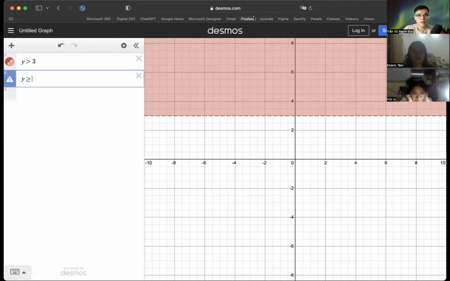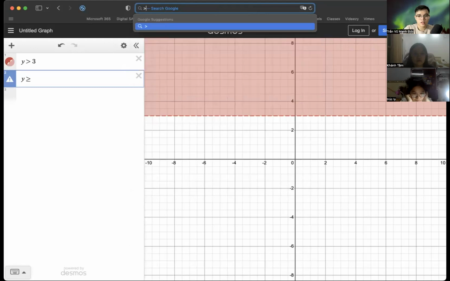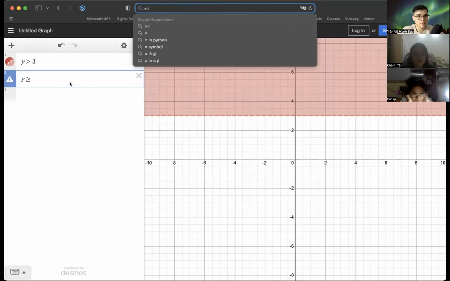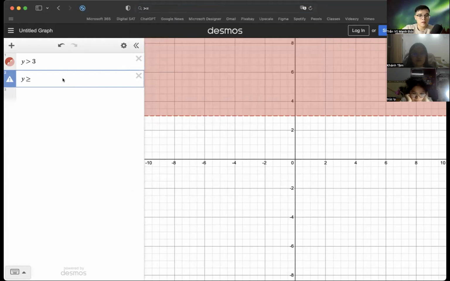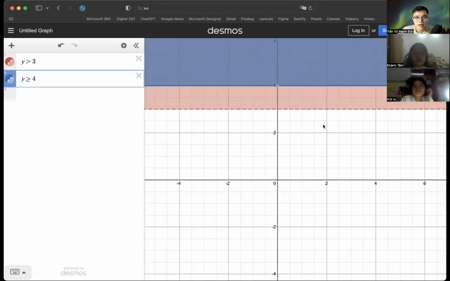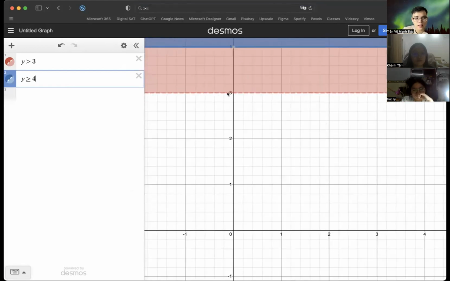This number, I just type in like this, bigger, equal, right? This one is bigger than or equal, right? It'll be like this. As you can see, if you have a dotted line, a dashed line, it means that this will be a greater.